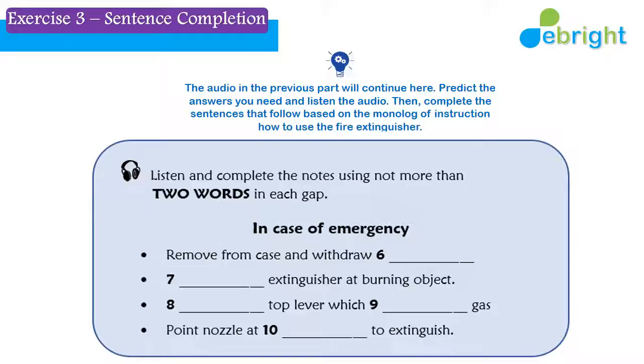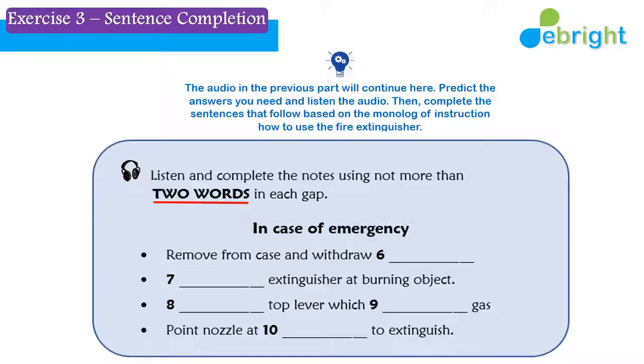First, the instruction: you need to fill in with a two words answer only. 1 word is okay, 2 words is okay, but more than that, big no once again. So in case of emergency, the first, because it's in the form of instruction, you need the imperative verb: remove from case and withdraw.